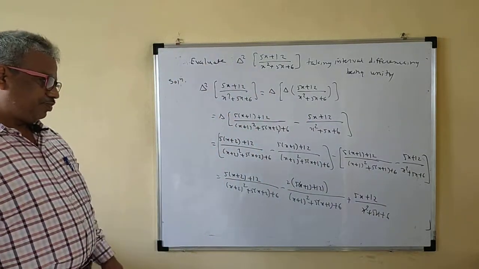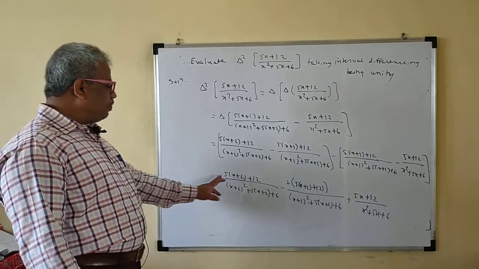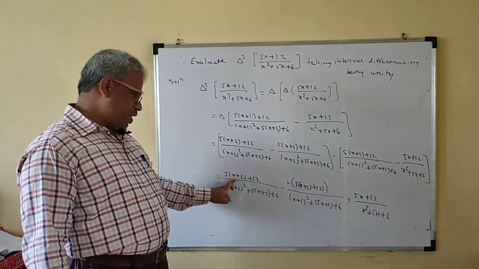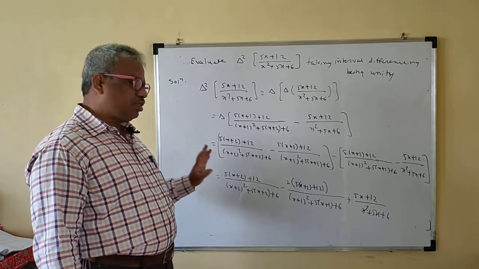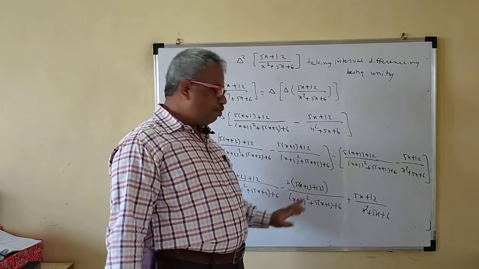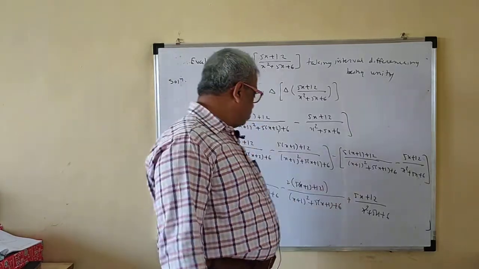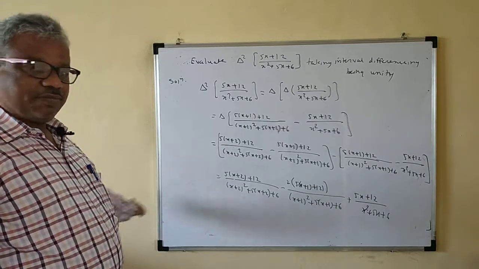Okay, so this will be the correct answer. You can simplify this: 5x plus 10 plus 12 means 5x plus 22, you can write this one. This is 10x plus 44. So this is 5x plus 12. If you are interested, you can simplify this one.